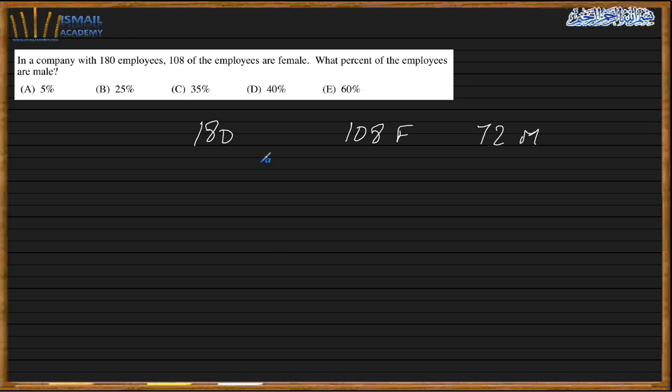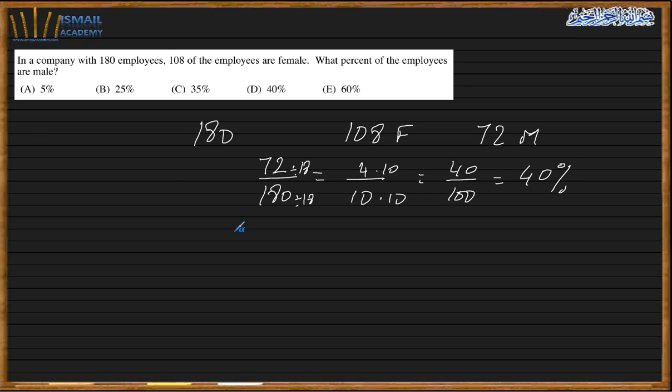Of course I will do the total of male divided by the total of employees. So if I simplify here by 18, I got 4 over 10. If I multiply both sides by 10, I got 40 over 100, which is 40%. So 40% is male.